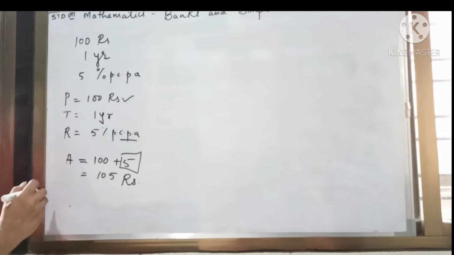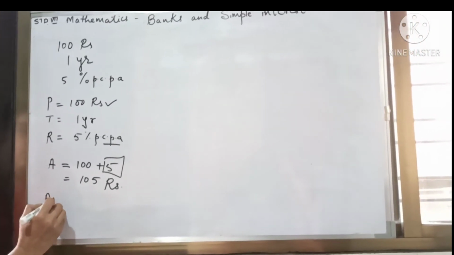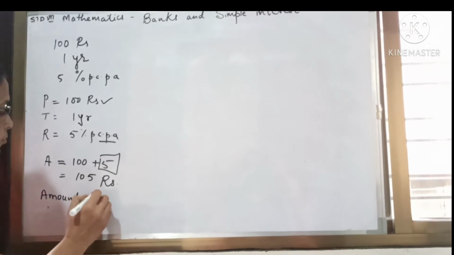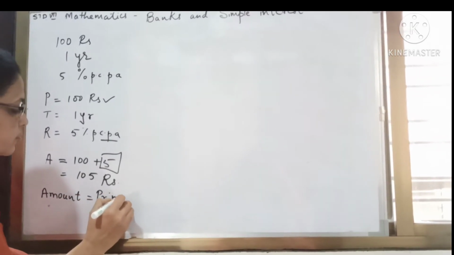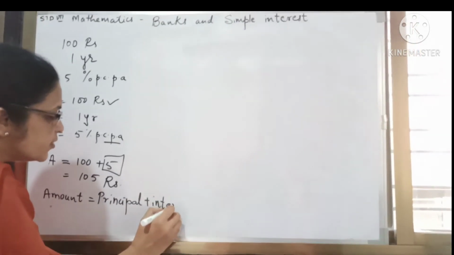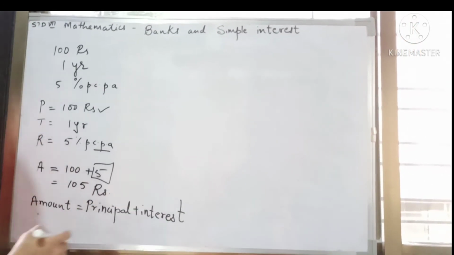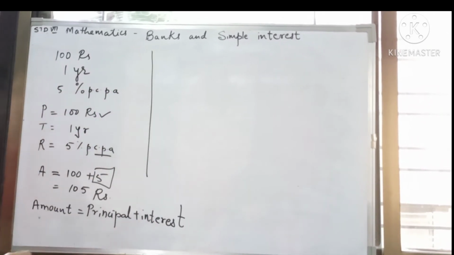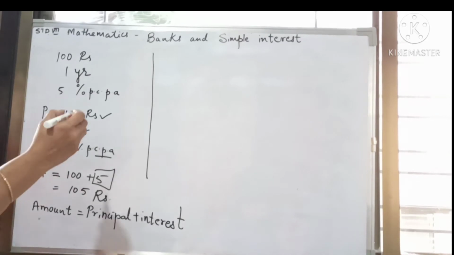So from this we get the formula. Amount is equal to principal plus interest. Simple interest formula.